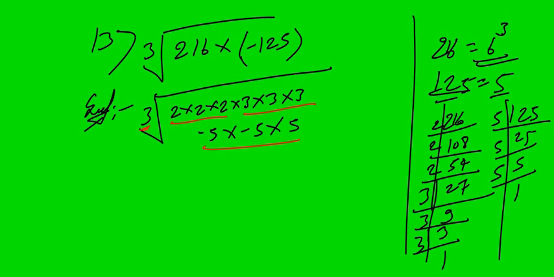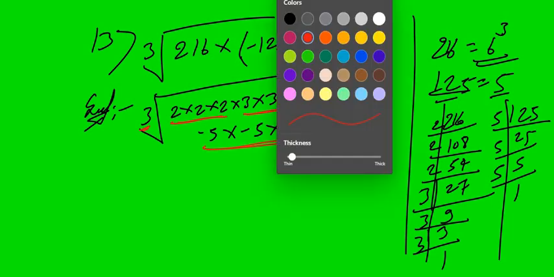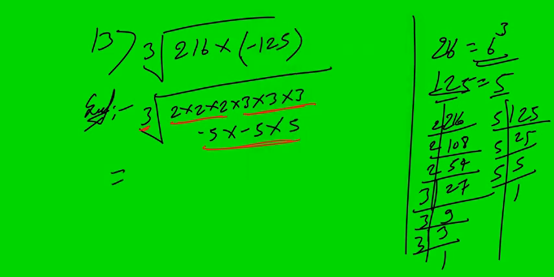We already know that when finding the cube root, each completed triplet is taken outside. So our solution will be 2 into 3 into minus 5, so finally we get minus 30. Minus 30 is our solution.